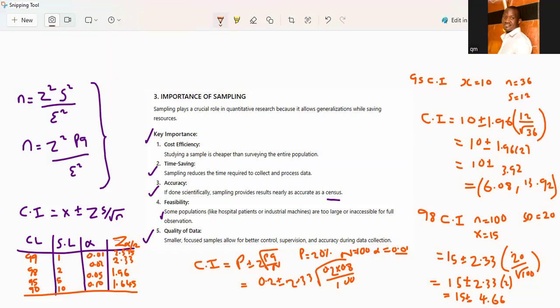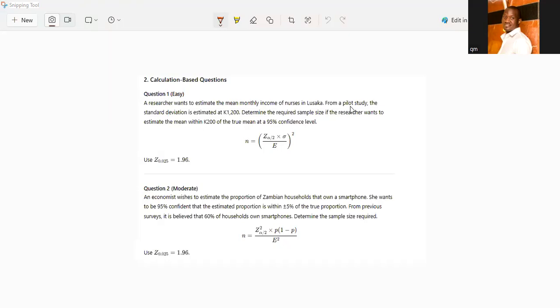Find the sample size of a proportion and of a normal sample. Here a researcher wants to estimate the mean income of nurses in Osaka. From a pilot study, the standard deviation is 1,200. Determine the sample size if the researcher wants to be within 200 at 95%. So at 95%, our Z is what? 1.96. So we're going to use this formula.